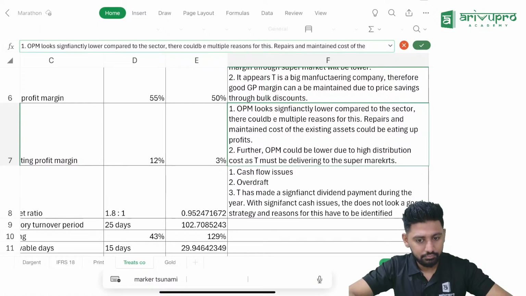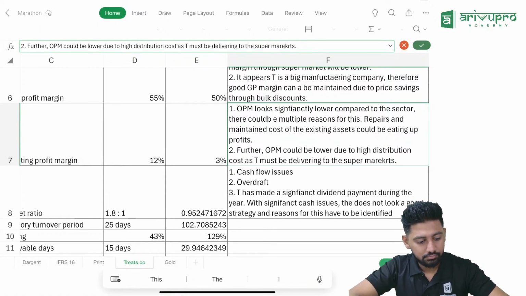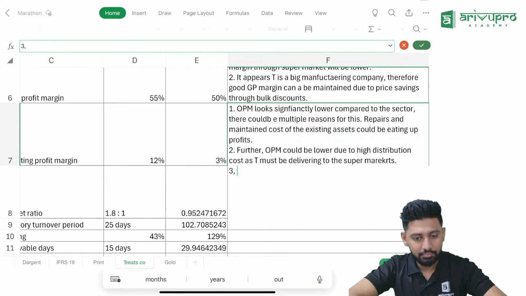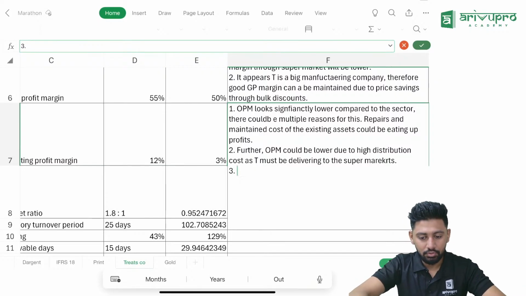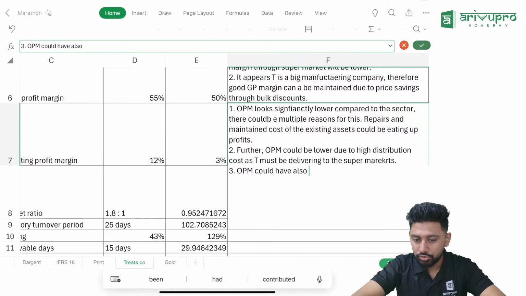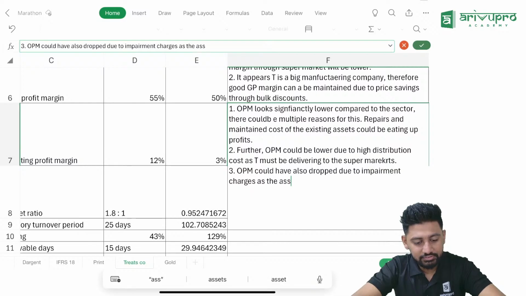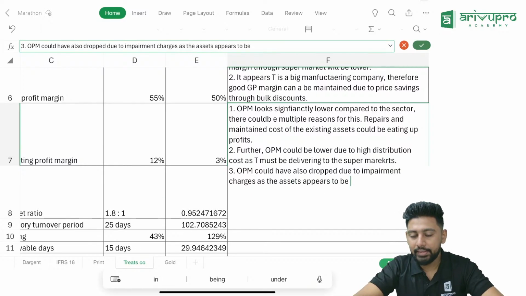Number 3. Operating profit margin could have also dropped due to impairment charges as the assets appear to be not usable.